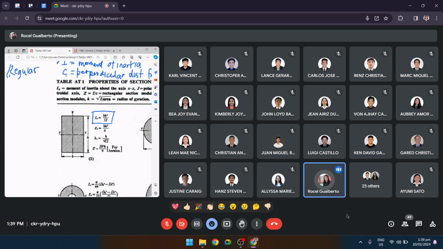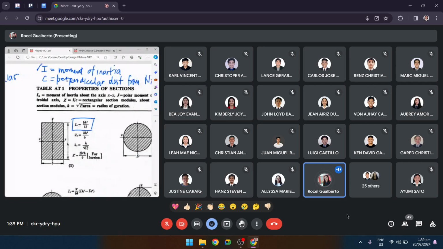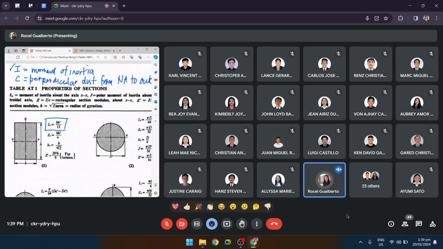Now, we find the value of C. How do you find the value of C? Let us go back to its description: perpendicular distance from NA, which stands for the neutral axis, to the outermost fiber. So we need to look first for the neutral axis.